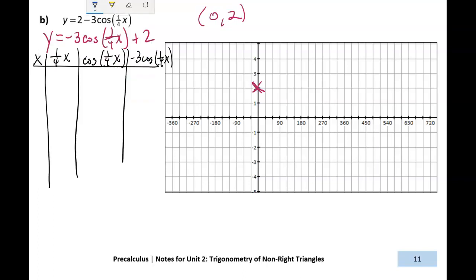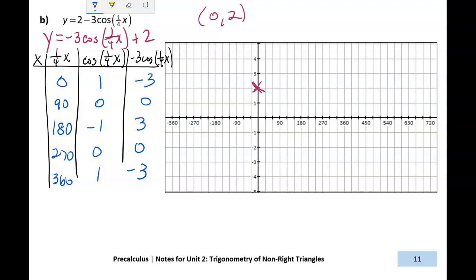The quadrantal values are the values that we're going to take the cosine of, so 0, 90, 180, 270, 360, and then we're taking the cosine of those: 1, 0, -1, 0, 1. The final column is times -3, so that's going to flip our signs.